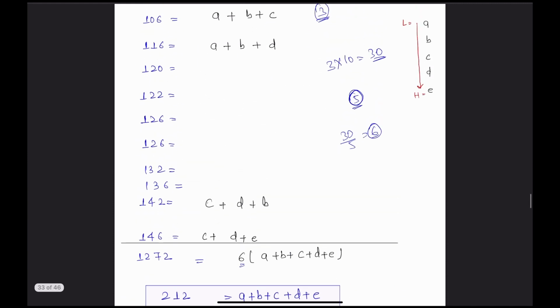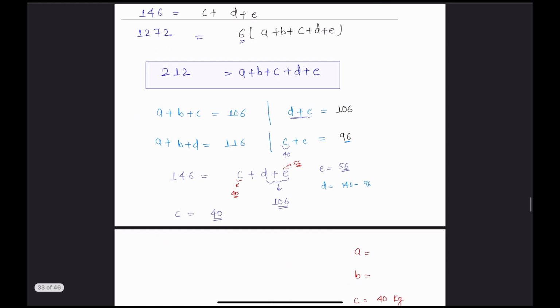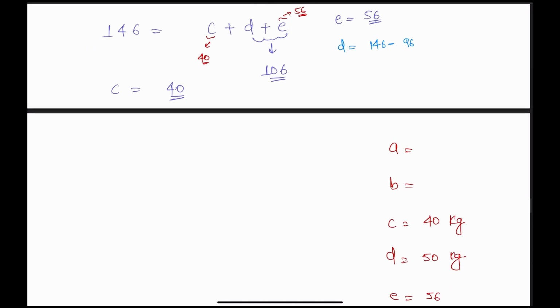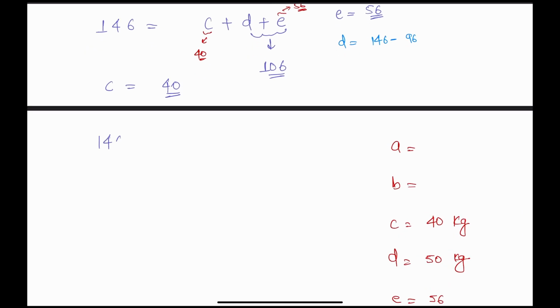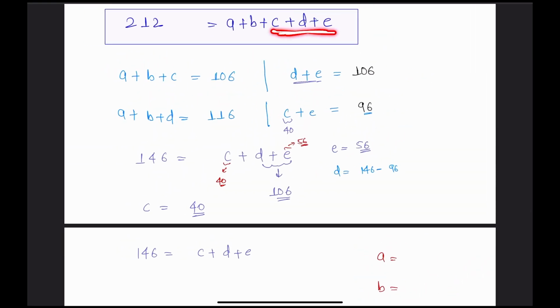As a, b is present in both, we need to use a different methodology or a similar kind to find out. So for a b d, as we have already taken this one, 146 equals c plus d plus e, right? So c plus d plus e is 146.